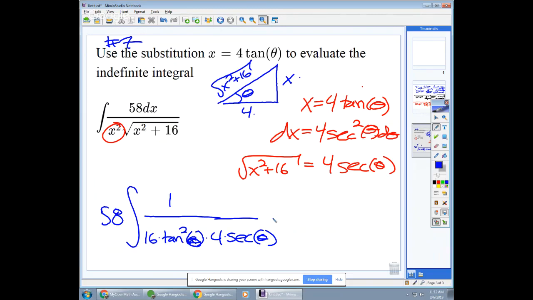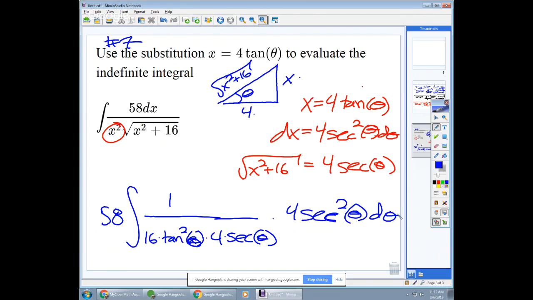And then dx is really 4 times the secant squared of theta d theta. So we get rid of anything that has an x, replace it with trig theta stuff, and hope it cleans up a bit. All right, let's see.